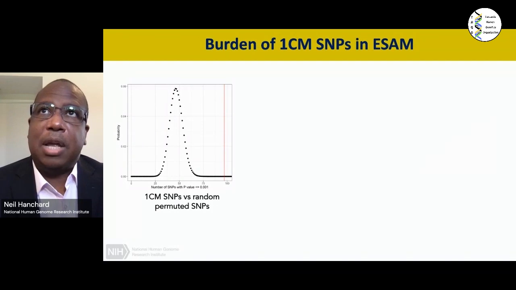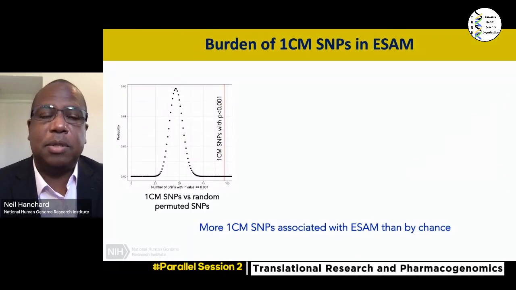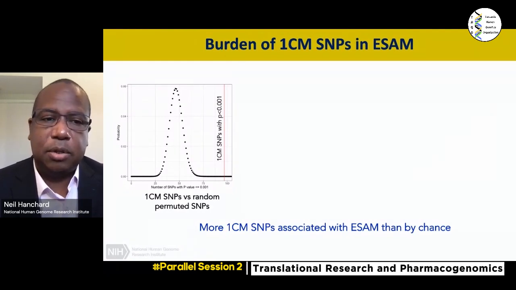We have that number from the data set, and we then permute the case-control status 10,000 times so that we can develop a hypergeometric distribution. Then we can ask, for our observed data set, where does that fall? That's where this red line is, showing that the number of 1-carbon metabolism SNPs significantly associated at this cutoff is well out in the tails of that distribution.